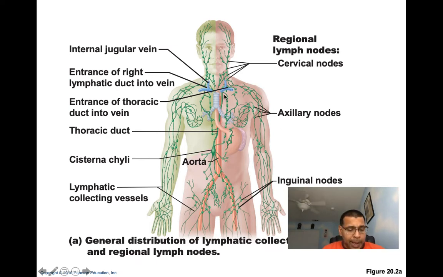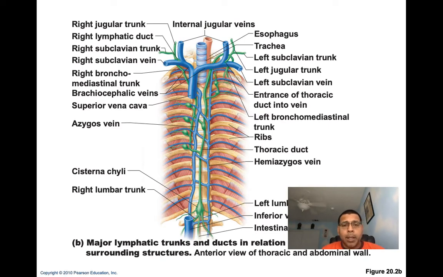And now here we can see the thoracic duct. It makes its way all the way up and around, and inserts into the subclavian, but here on the left side.